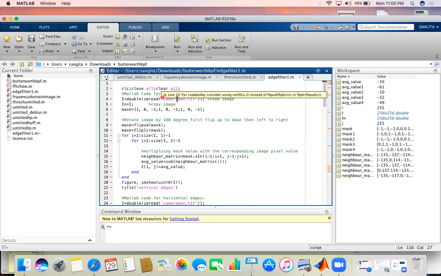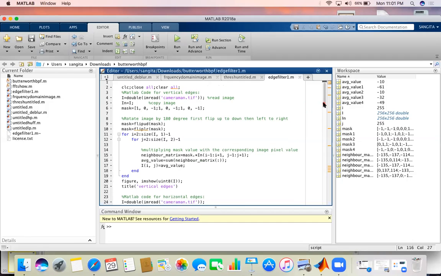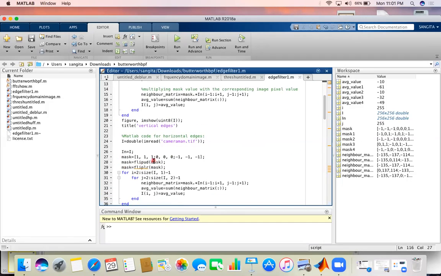So first, the horizontal mask or horizontal kernel is given by 1 0 -1, 1 0 -1, 1 0 -1. And the vertical kernel is 1 1 1, 0 0 0, -1 -1 -1.